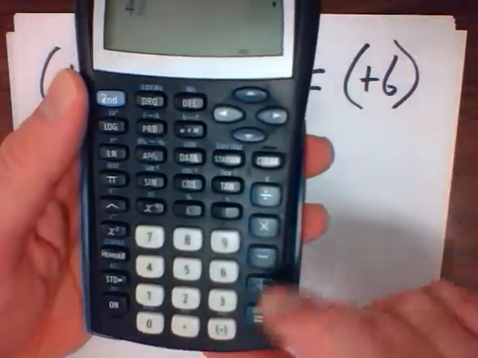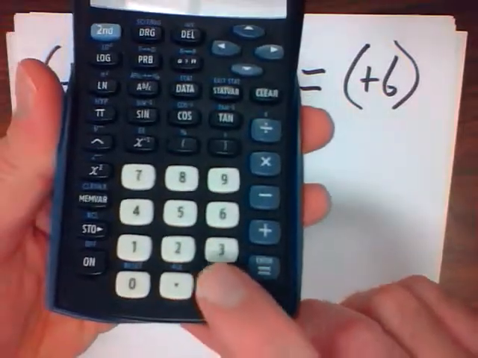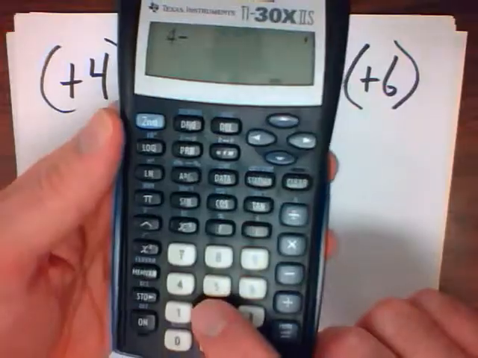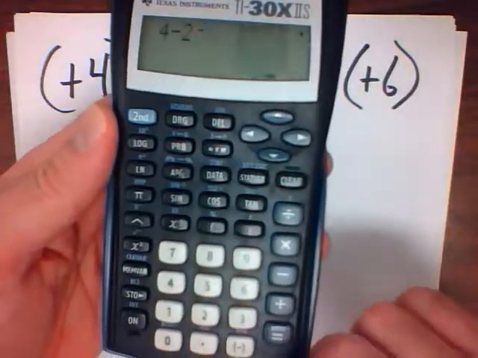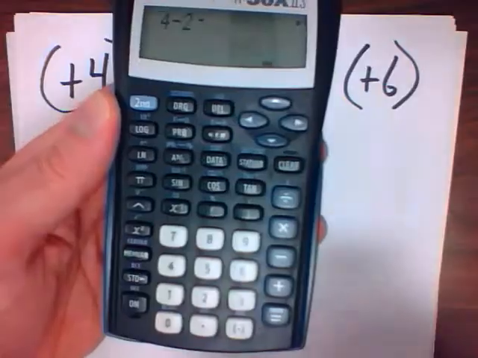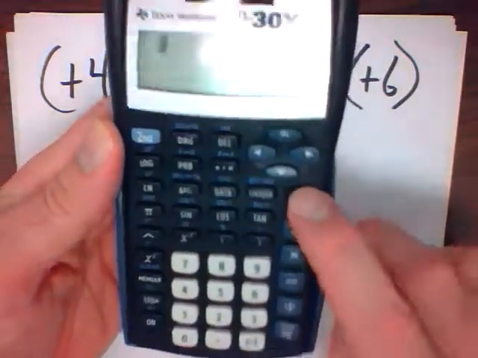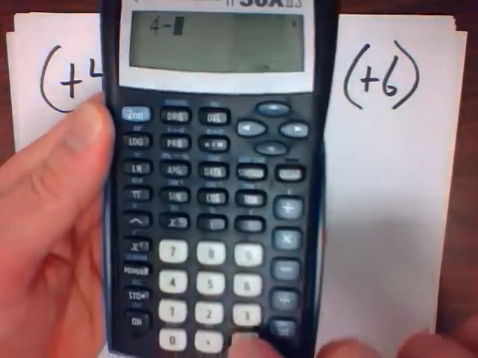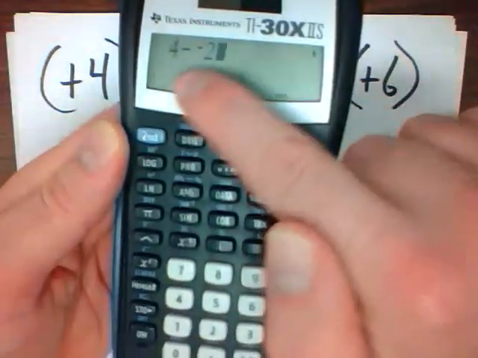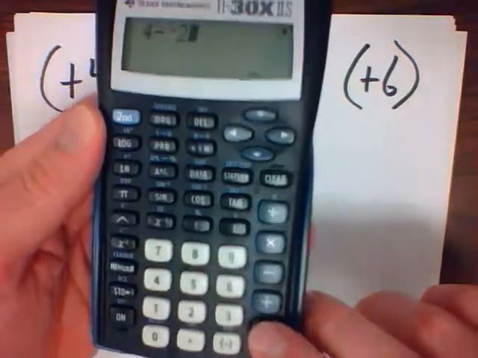Next model. 4 minus, now notice the way this one does it. It has a negative symbol here, and I'm pretty sure if I go like this, it doesn't work. Notice how it works differently than the other model. I'm going to have to start over. 4 minus negative 2. This one I have to press the negative sign first and then press the equal sign.